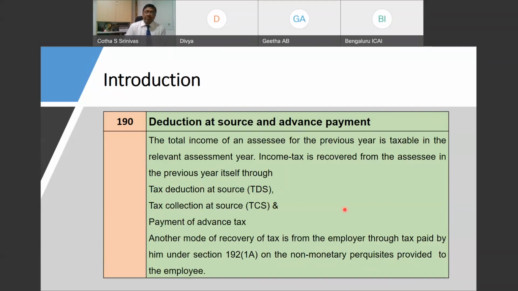That tax has to be paid 100% in the previous year itself. So if you analyze this, even though the income of a previous year is charged to tax in the assessment year, the actual tax on the income earned in the previous year will be paid or collected in the previous year itself through all these sources.